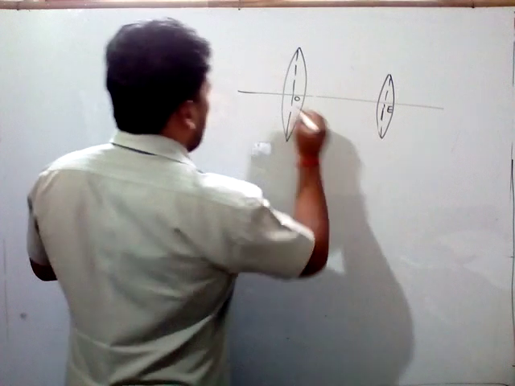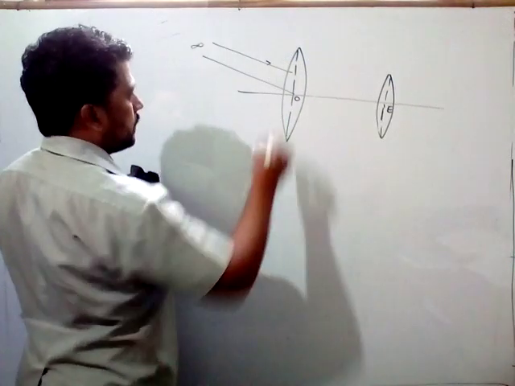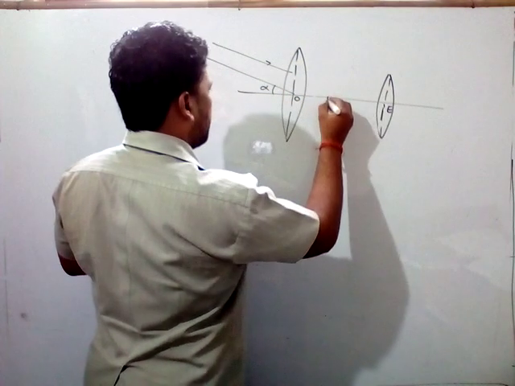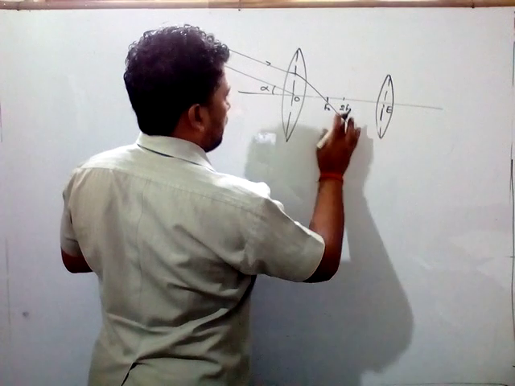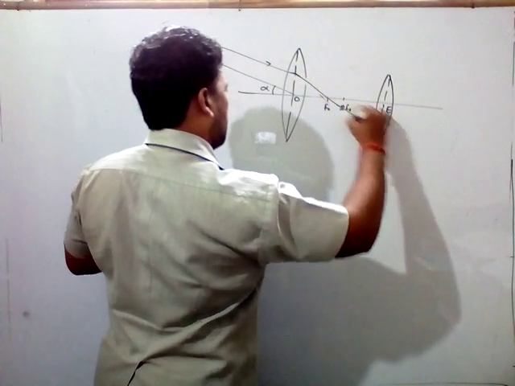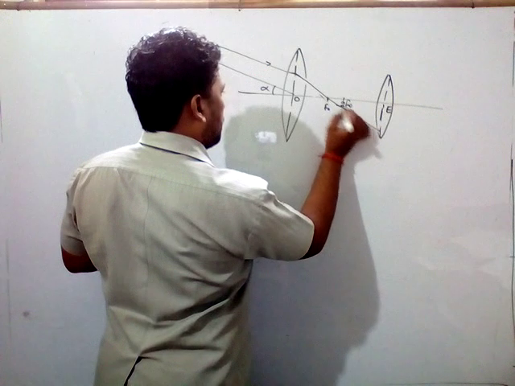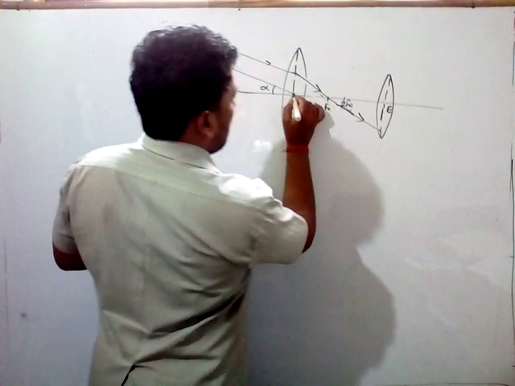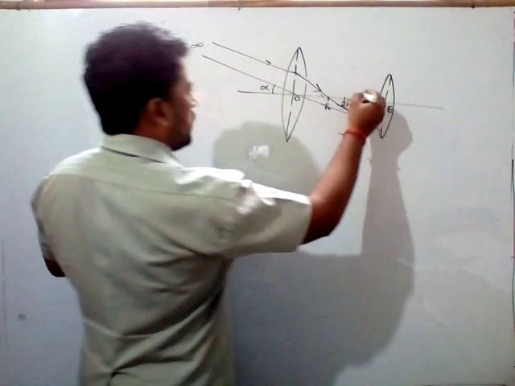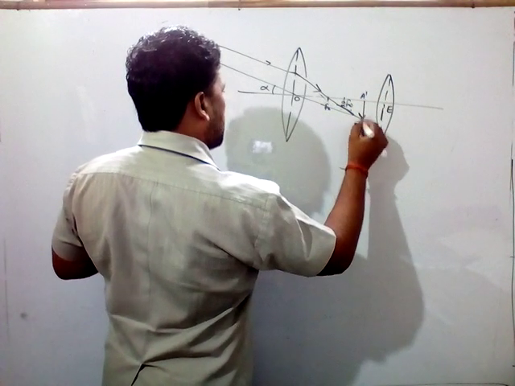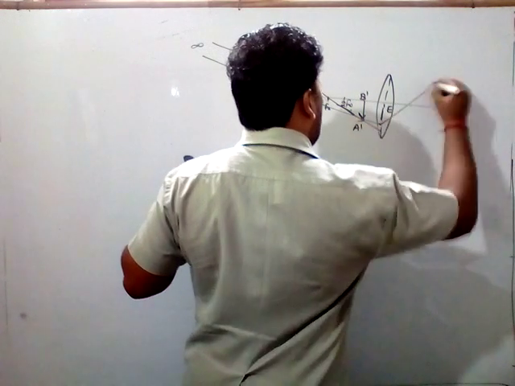Whenever any ray of light comes from infinity like this, its image is formed at this point, like for any object whose image is A'B'.